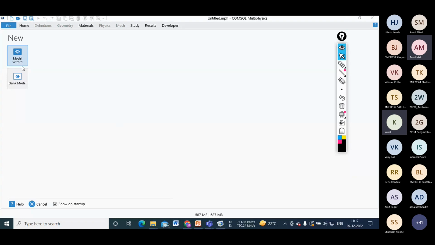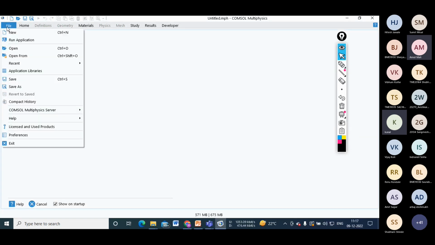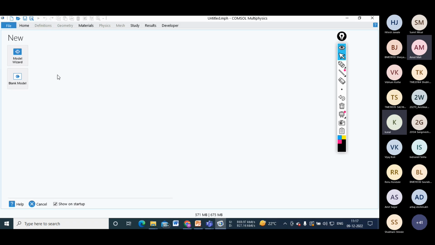Here you can see the file tab will open, and here you can click on new. If you click on new, the same window will open, and here you get two tabs, the model wizard and the blank model. If you click on the blank model, it will open only the 3D geometric modeling. But if you click on the model wizard, these 6 tabs will open.